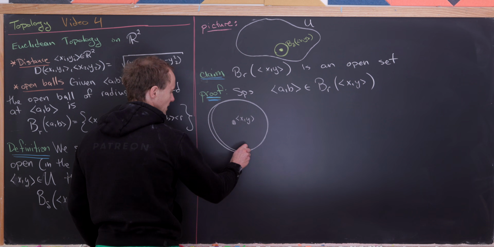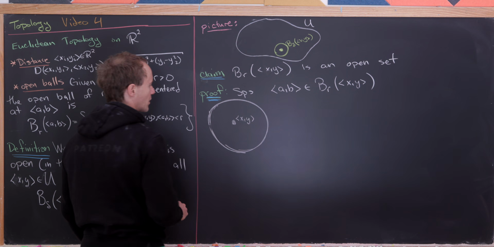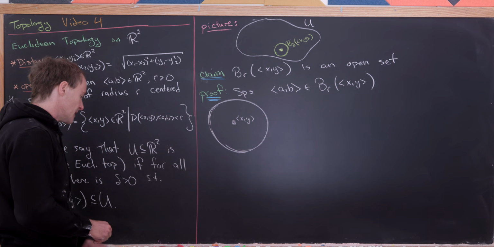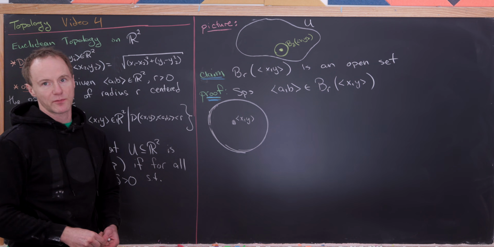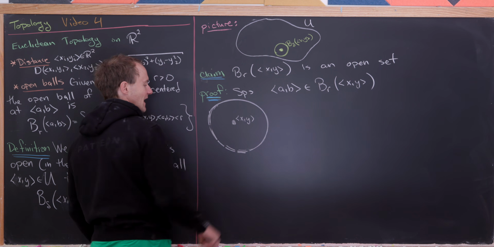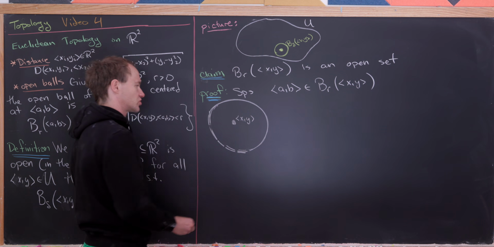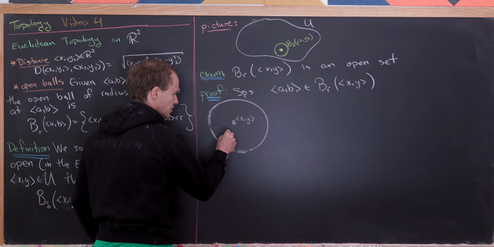Maybe this picture isn't perfect, but I think it's good enough for what we're doing here. Now let's take an arbitrary point inside of that ball, and let's recall that we should really be thinking about that boundary as being dashed. It does not include the boundary, but it's a little bit tricky to draw. So an arbitrary point will be this right here.